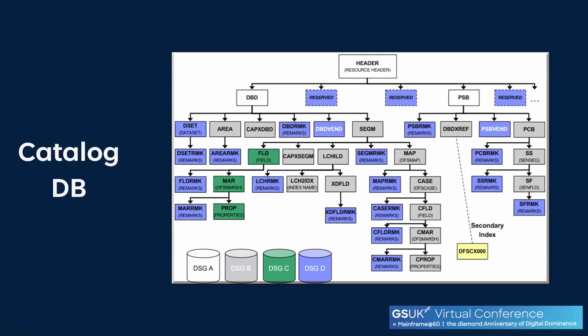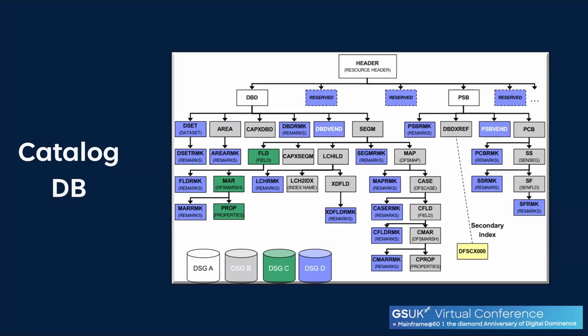The reason they are color coded is that all those segments which are expected to be accessed most frequently are in that white dataset group, DSG A. Then all those segments which are expected to be accessed second most are part of DSG B, and all those segments expected to be accessed third most are part of DSG C, and so on.